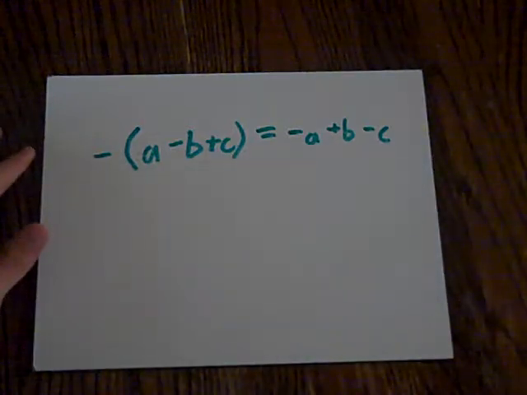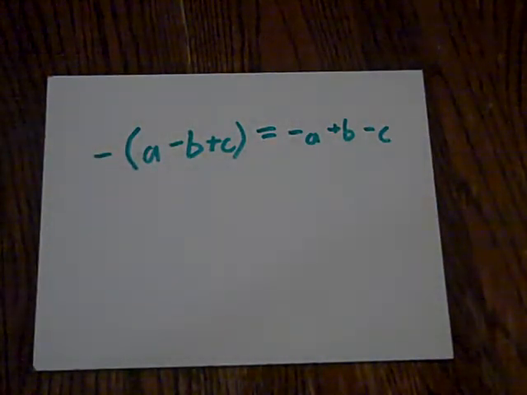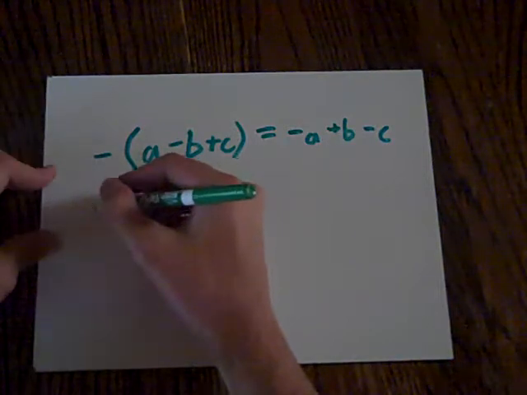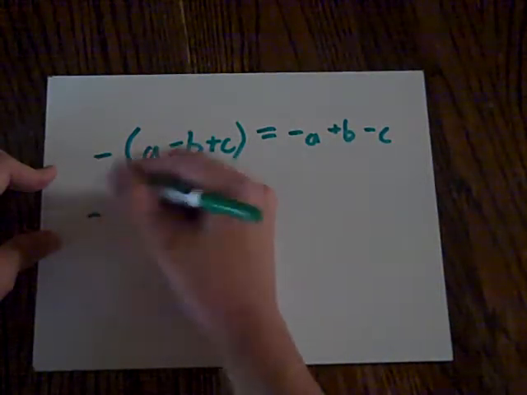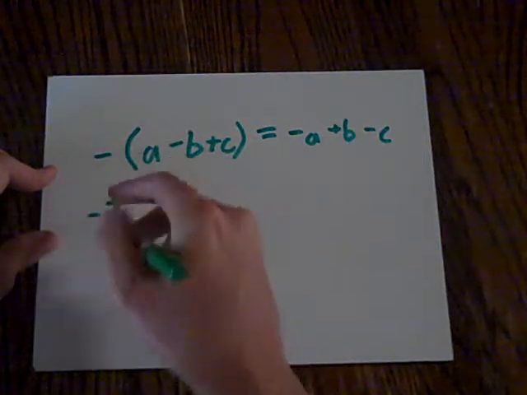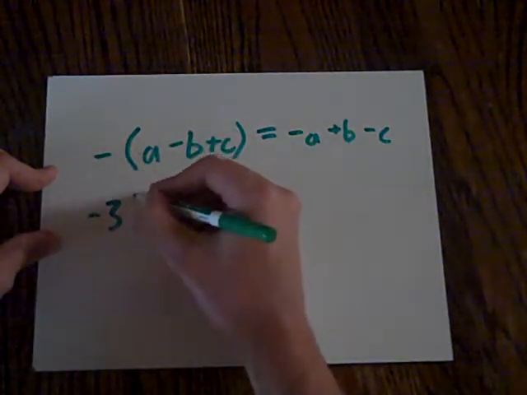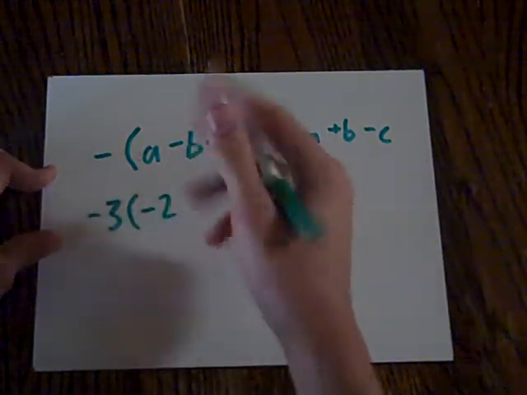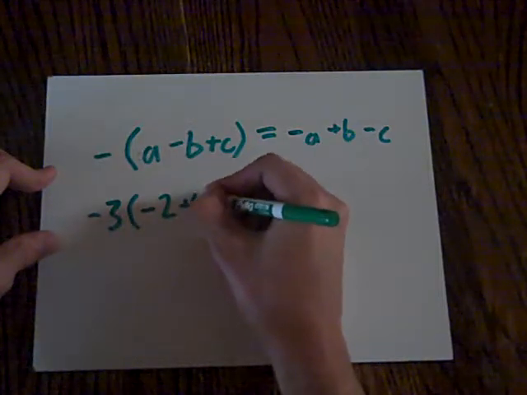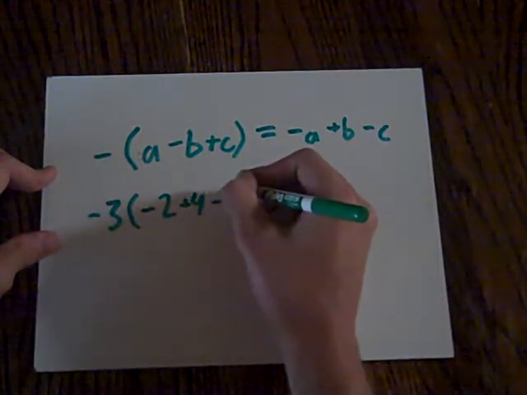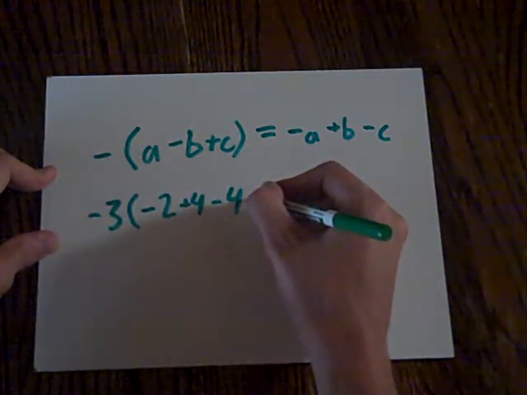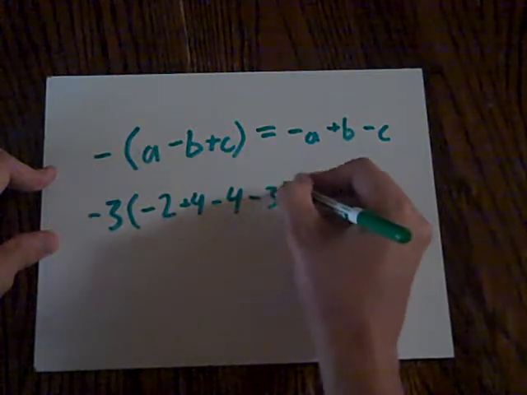Anyway, next step. So now we have a negative number like this right here. So what do we do here? Well, we got negative 2 plus 4 minus 4 minus 3.